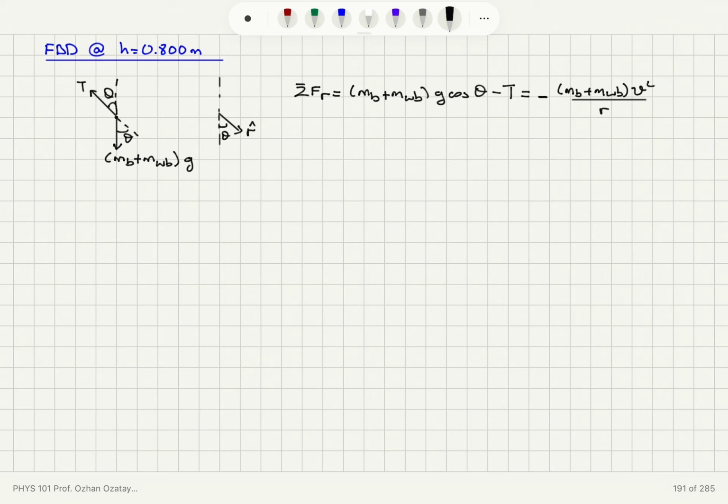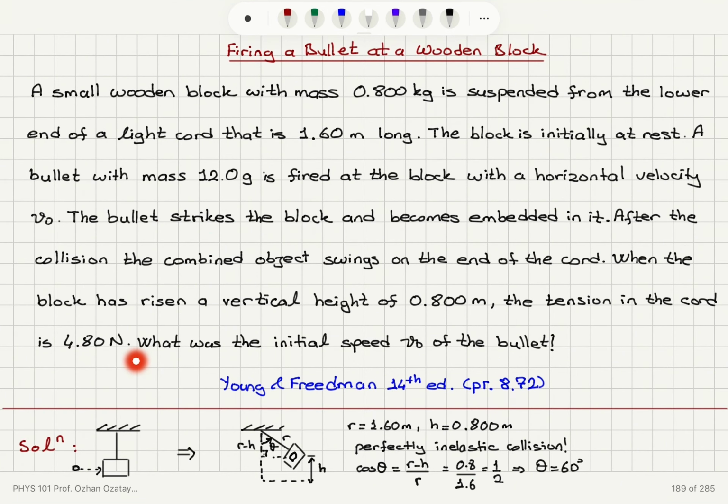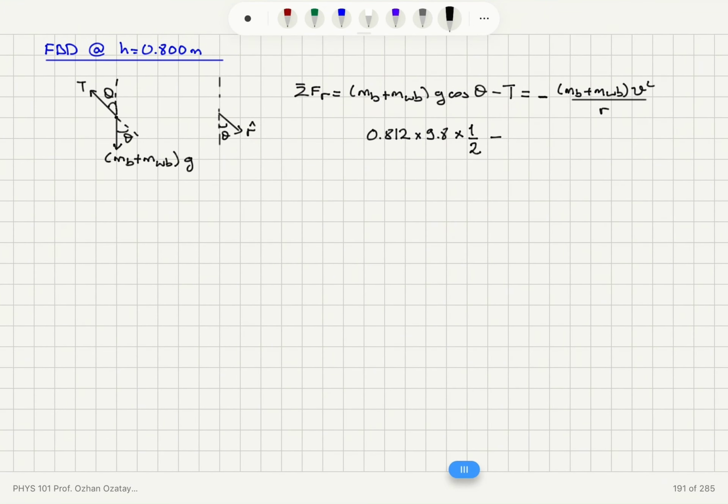So the total mass was 0.812 kilograms, 9.8 meters per second square. Cosine theta is 1/2, minus the tension at this point is given in the problem statement to be 4.8 newtons. So minus 4.8 newtons will be equal to minus the total mass 0.812 v square over r, which is 1.6 meters.